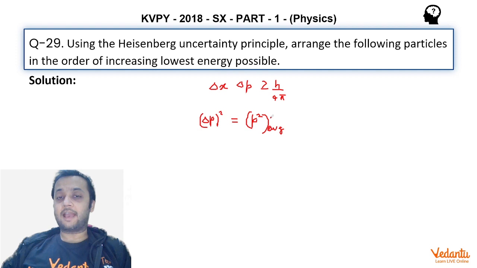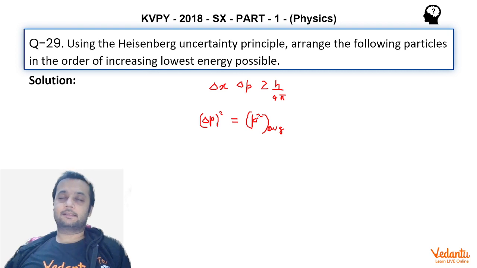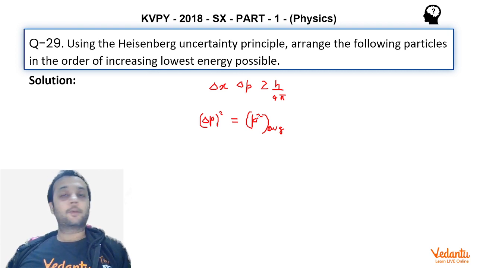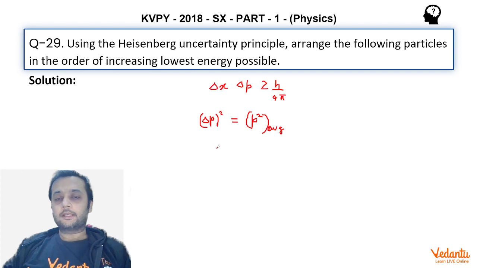This holds if the average value of the momentum is 0. For example, if you consider a box of ideal gas in a container, the average of momentum is 0 because molecules will be moving randomly. So we can say that delta p squared will be equal to the mean squared value, or the average of the squared value.